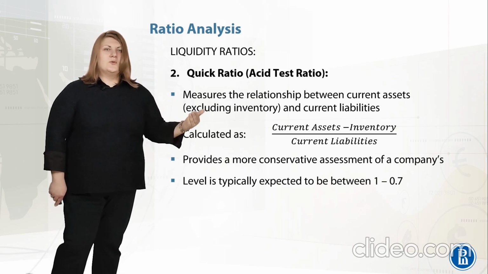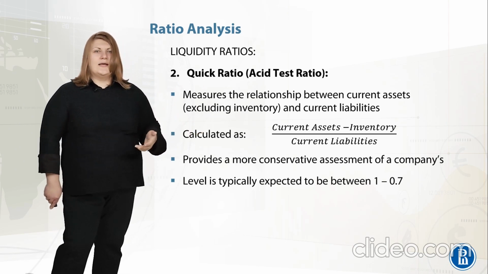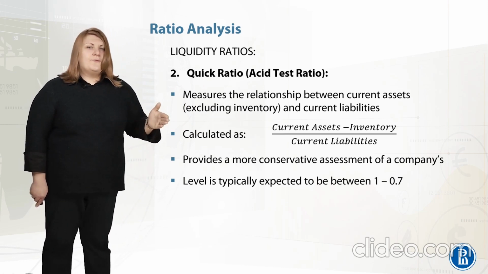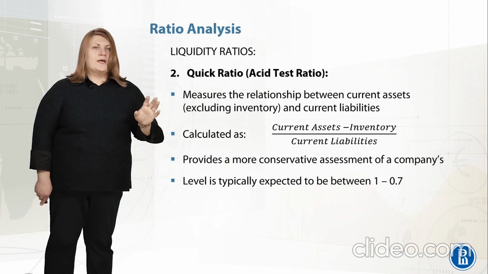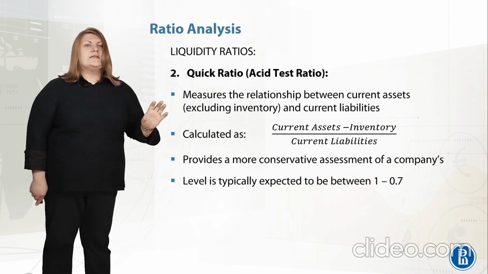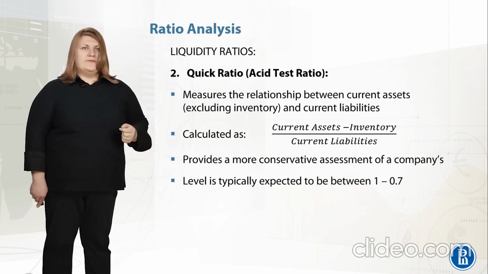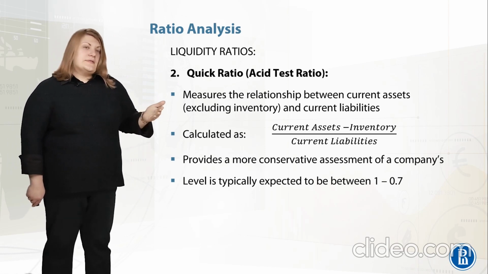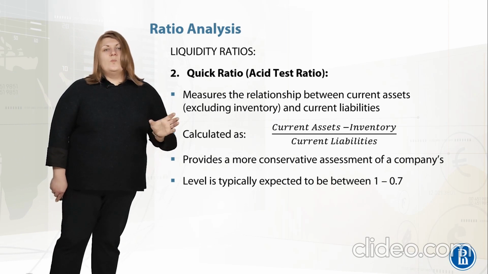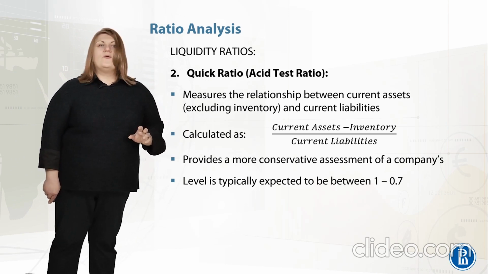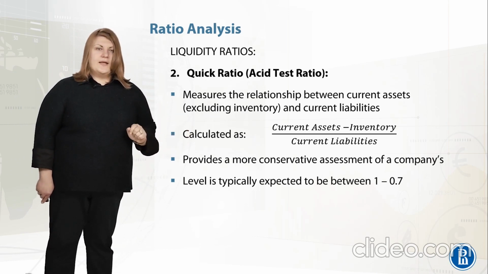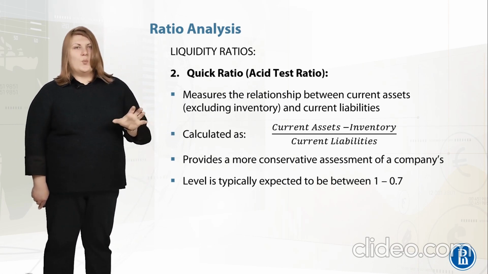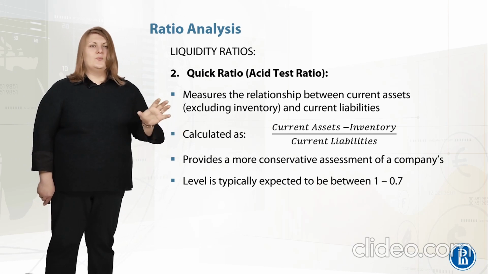That's why we do not include it in our analysis here. In this sense, turning into cash will be delayed if we include the inventory in these calculations. Such a ratio will provide us with a more conservative assessment of the company's liquidity. The level which is typically expected to be met is somewhere in the range between 1 and 0.7.